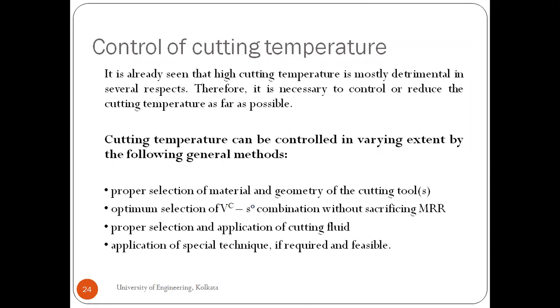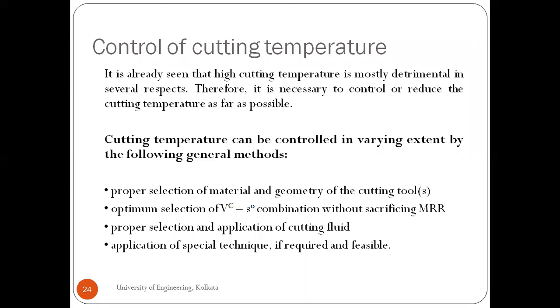Now, geometry of the cutting tool. Suppose you are using a geometry wherein you have a negative rake angle, right? In that case, again, the rubbing of the chip with the rake surface will be there. Negative rake angle generally is used for tool materials which are brittle in nature, like ceramic materials. So that has to be considered.